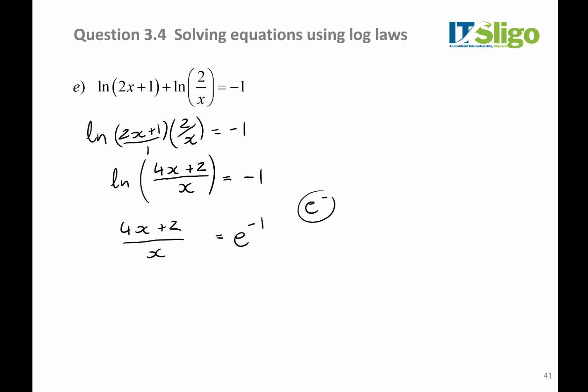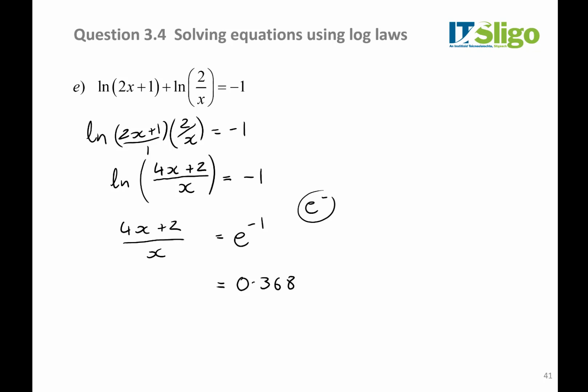So first of all, I'm just going to compute e to the power of minus 1. That's 0.368, we'll say, with a little bit of rounding. And that's it computed.